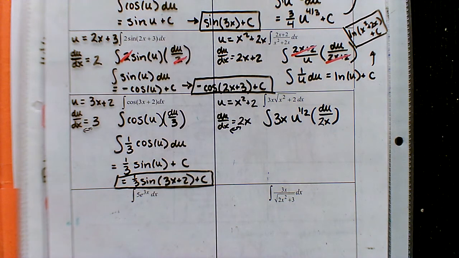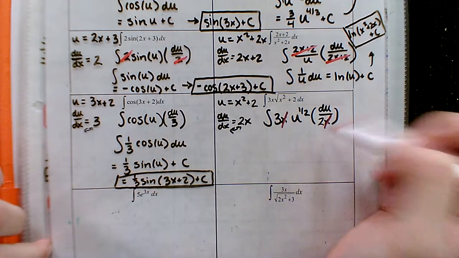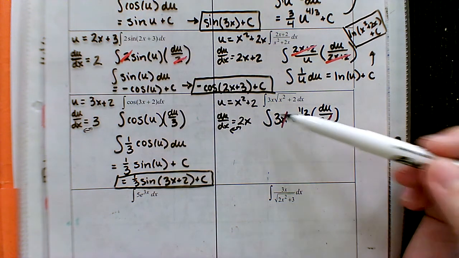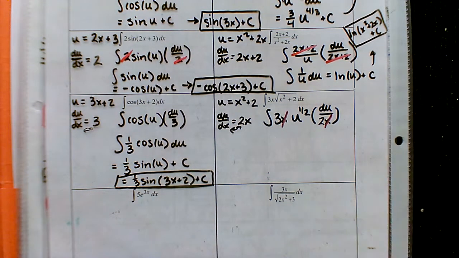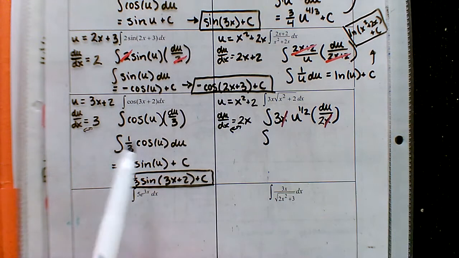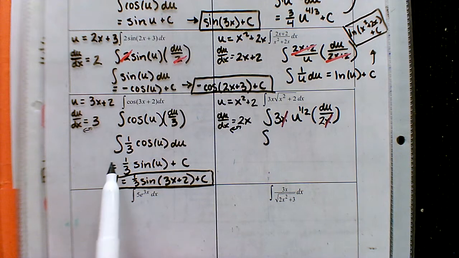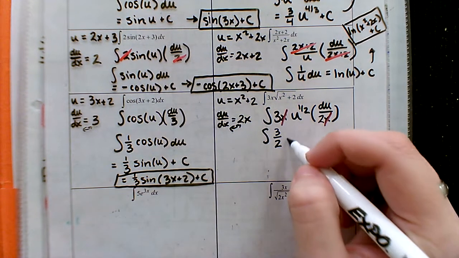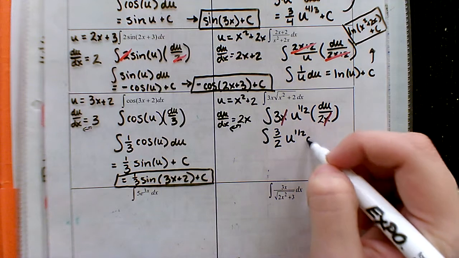Will the x's go away? Yes. But notice how we're left with a 3 divided by a 2. So very similarly to how this cosine example worked, maybe we'll move that 3 over 2 out front as a coefficient.